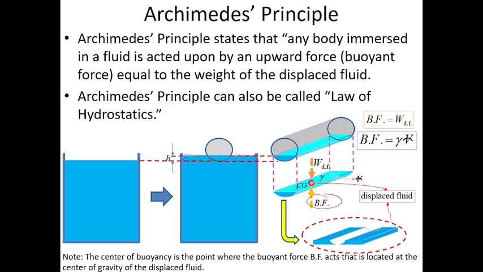So this is the center of gravity of the displaced fluid. So this is the center of buoyancy. This is where the buoyant force Bf acts, at the center of gravity of the displaced fluid.